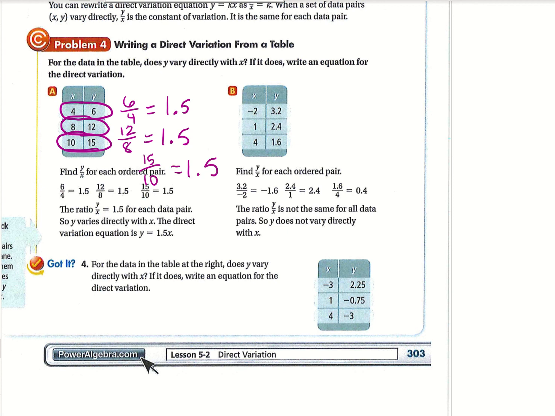All right. Since each one is the same, that means we do have a direct variation. All right, and then the equation for it would be y equals 1.5 times x.